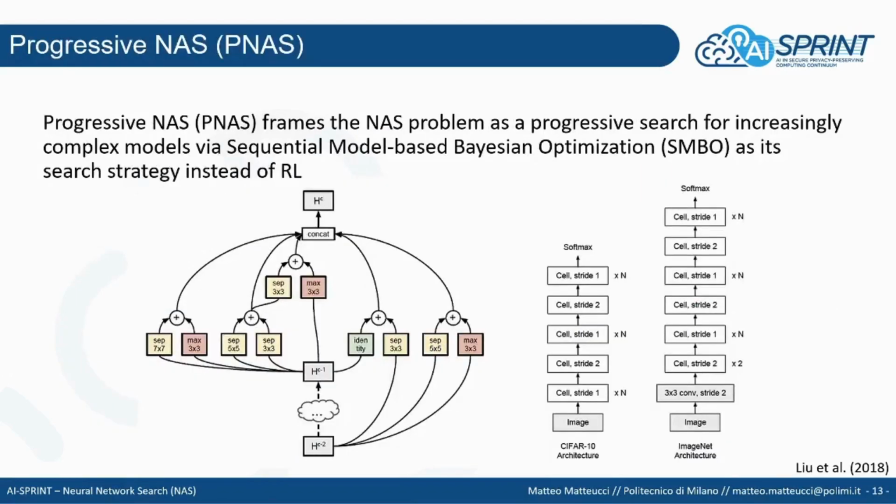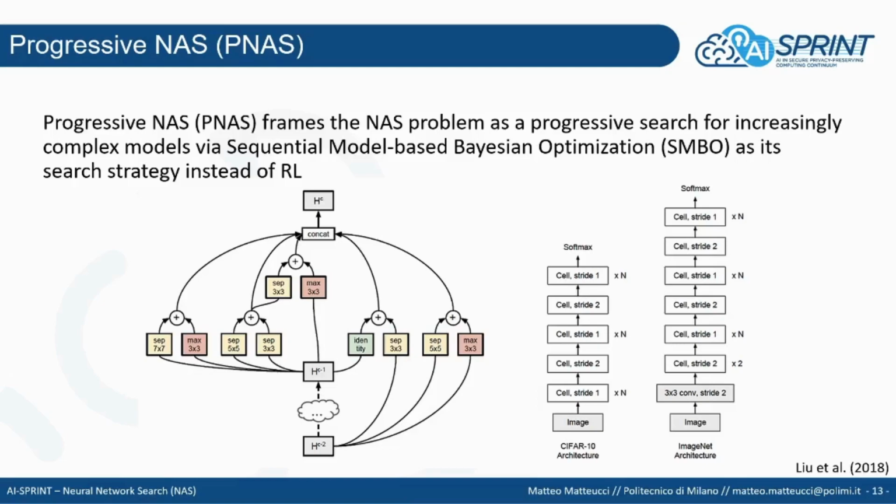After this, new ideas to improve the process have arisen. One of these is PNAS. PNAS, which stands for Progressive NAS, uses the same idea of cell-based exploration, a search space made of cells, but it explores this search space in a progressive search. It starts from a very simple model, and then one after the other increases the complexity of the model.